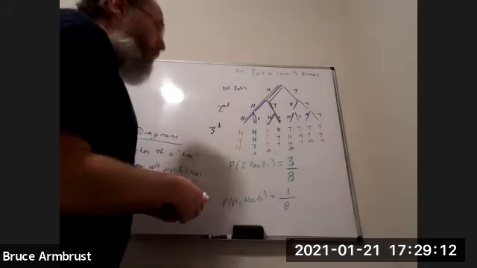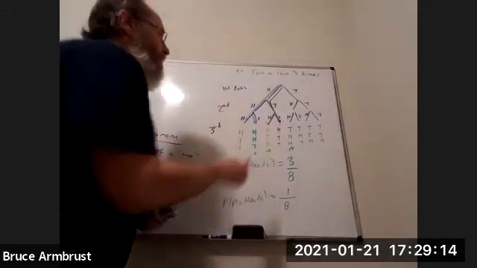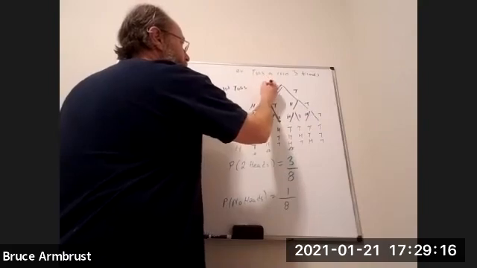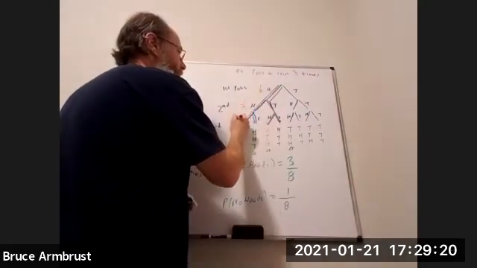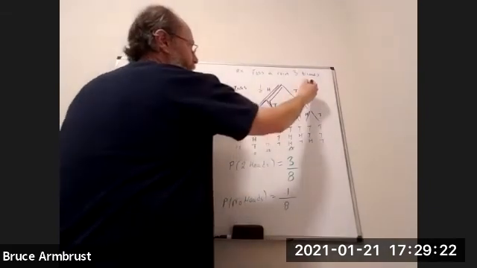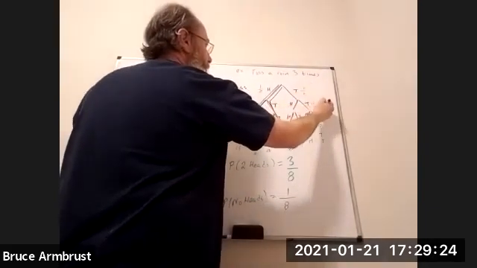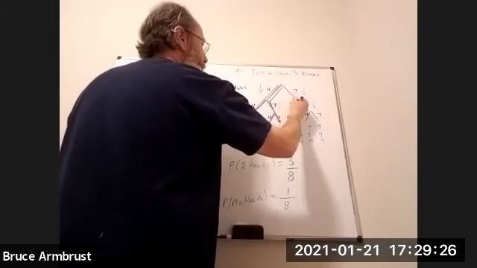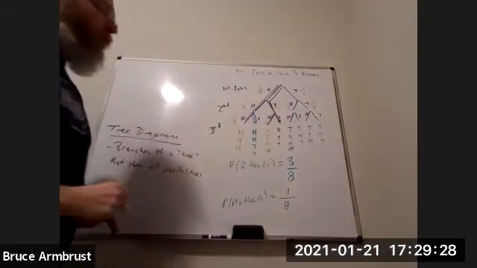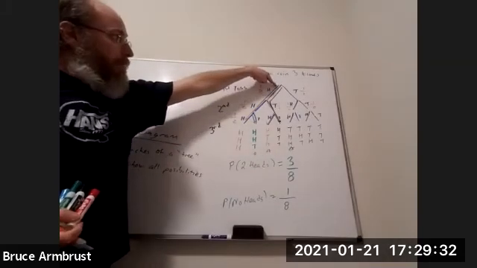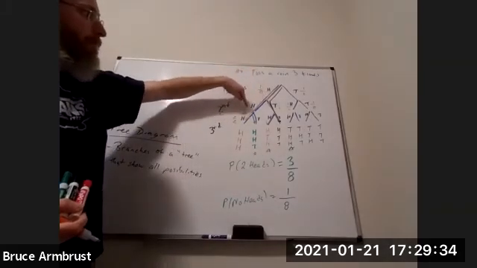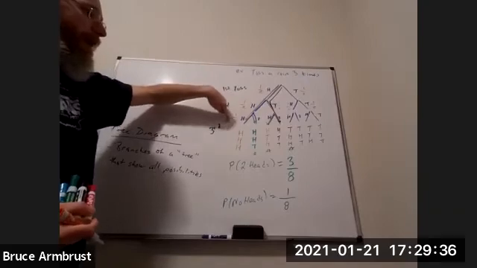So what we could do is write the probabilities. This one's 1/2. This one's 1/2. This one's 1/2. Tails are also 1/2, right? So all these things have a probability of 1/2. If I want to know the probability of getting 3 heads, it's 1/2 times 1/2 times 1/2.